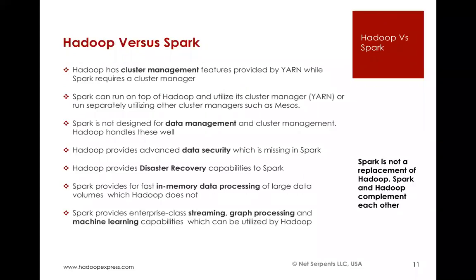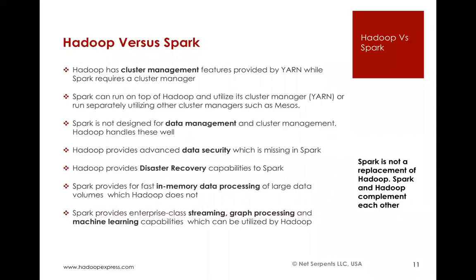Now, how does Spark and Hadoop compare? What's the difference, and can they run together? Hadoop has a cluster management feature. For example, we've seen how Yarn, if you remember, has different schedulers: there's a capacity scheduler, a FIFO scheduler, and also something called a fair scheduler. So it has that scheduling capability, and you can schedule your jobs in Yarn.